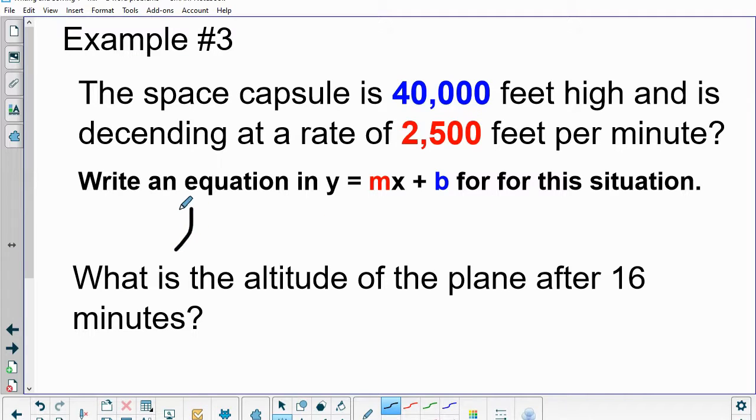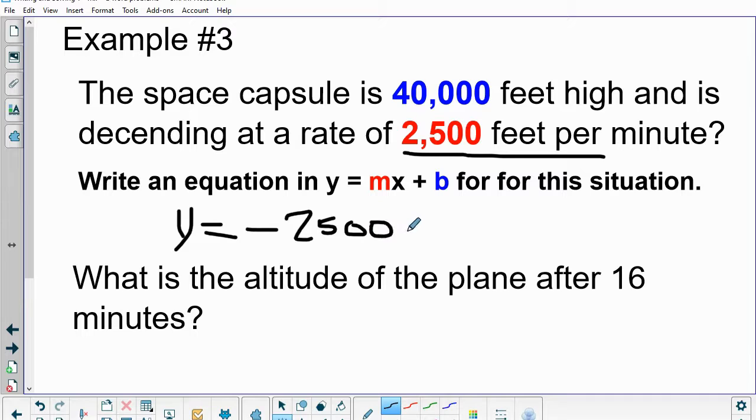We've got y equals, and it's descending at a rate of 2,500 feet per minute, so that's going to be a negative number coming down at 2,500 feet per minute. That would be negative 2,500x. And then the initial height was 40,000 feet. So way up there, in other words.